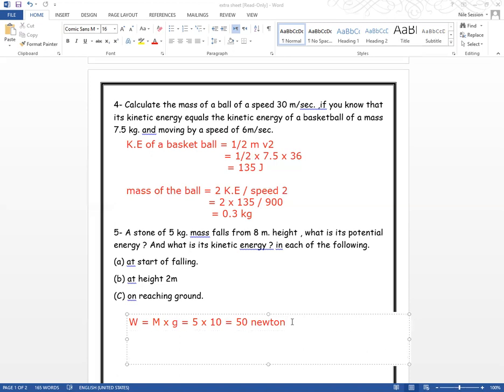Okay. Second, we need the potential energy at the start of falling.